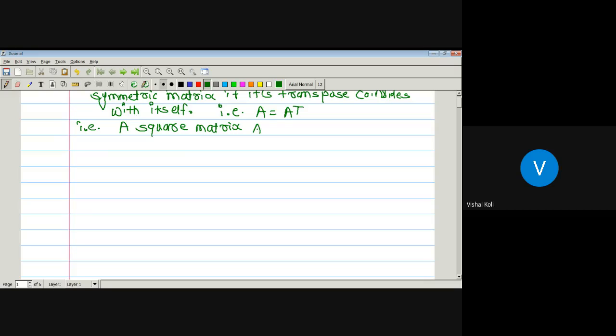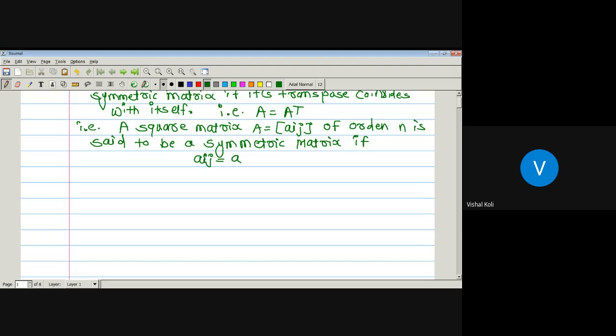There is one more definition. A square matrix A equal to Aij of order n is said to be a symmetric matrix if Aij, that is the ijth entry of the matrix, is equal to the jith entry of the matrix for all integral values of i and j.